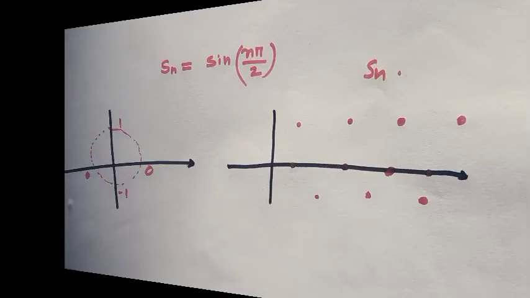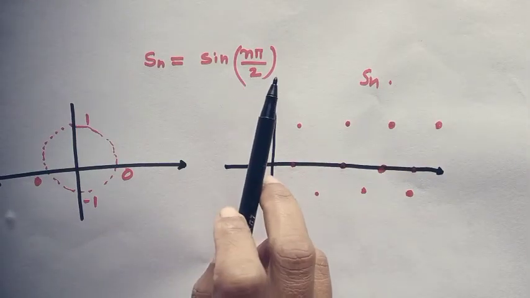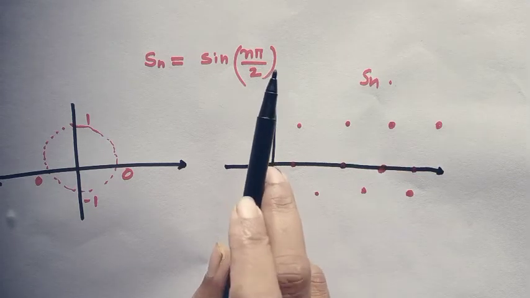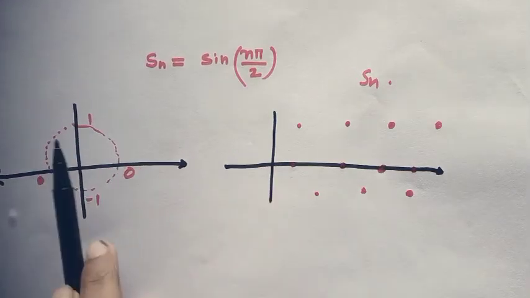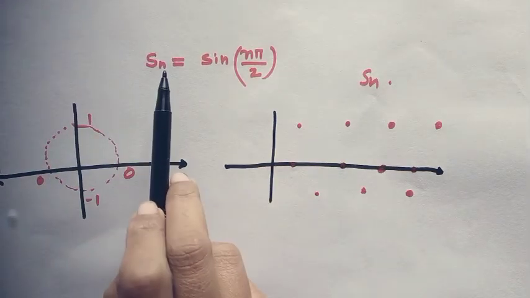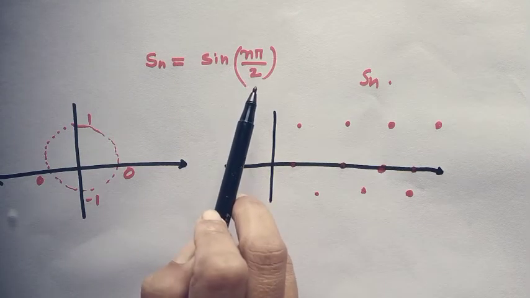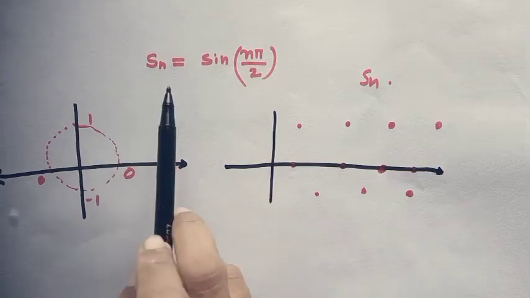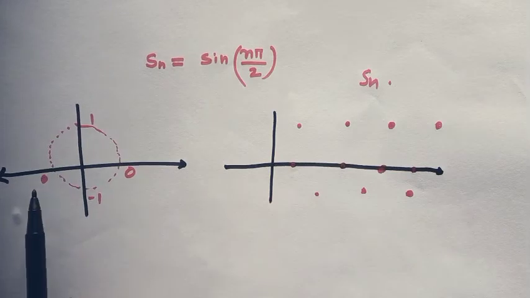Then the sequence x_{nk} is called a subsequence. Alright. Let's see one sequence: s_n equal to sin(n pi over 2). When n equals 1, the value is sin(pi/2), which is 1. When n equals 2, sin(pi) is 0.